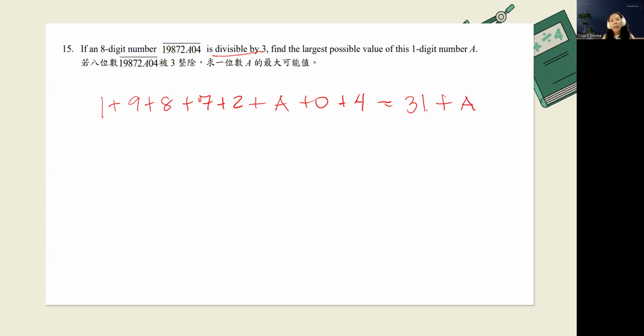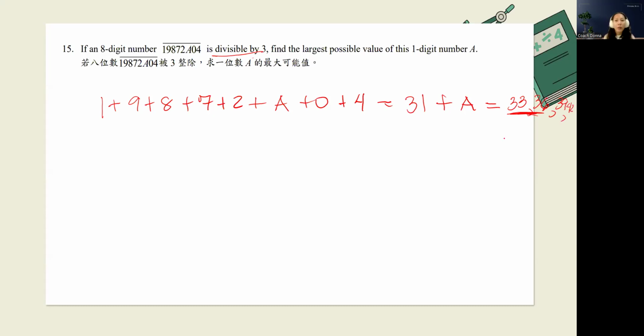For it to be divisible by 3, the result must be divisible by 3 also. So we can only have results like 33, 36, 39, 42, and so on.